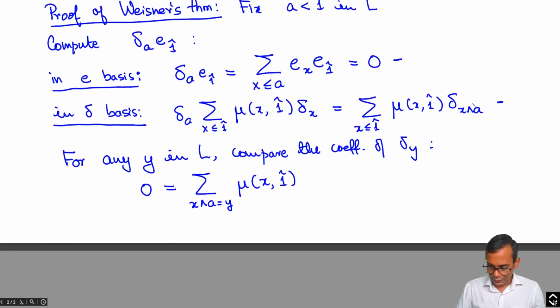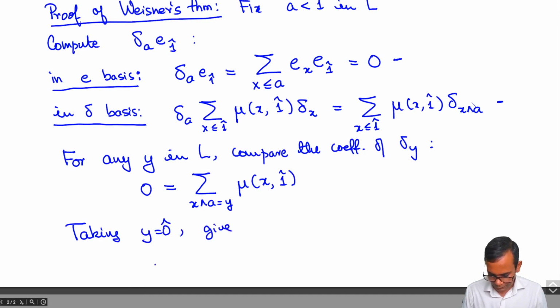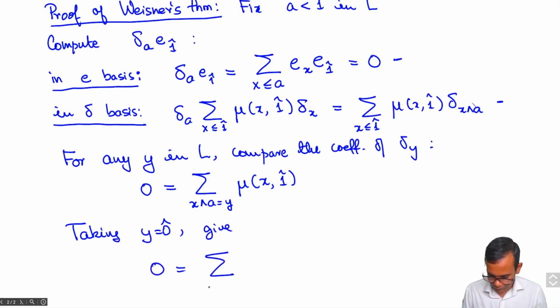And now if we take y equals 0 hat, this gives that 0 is equal to the sum over x meet a equals 0 hat of mu(x, 1hat).